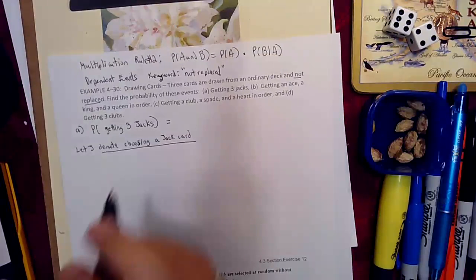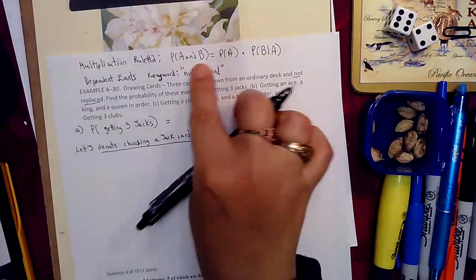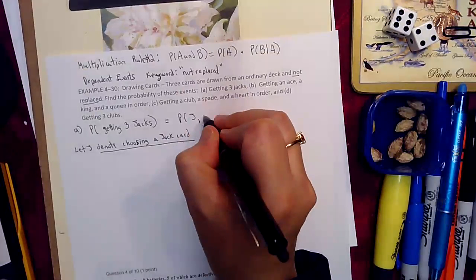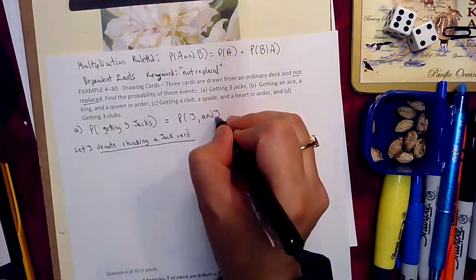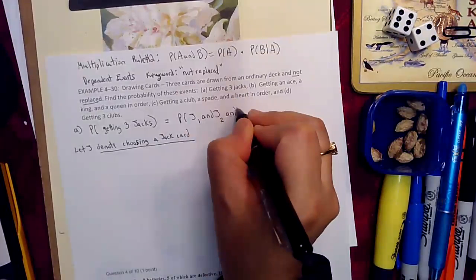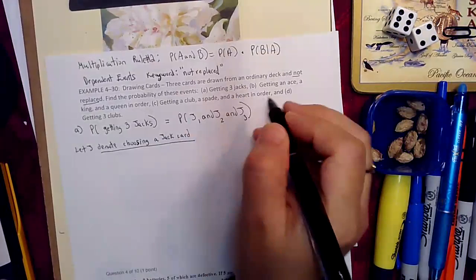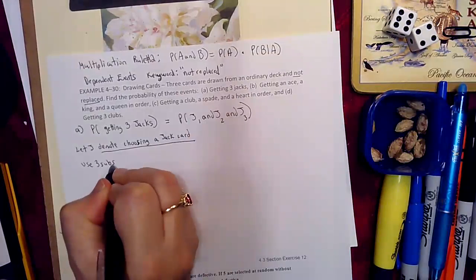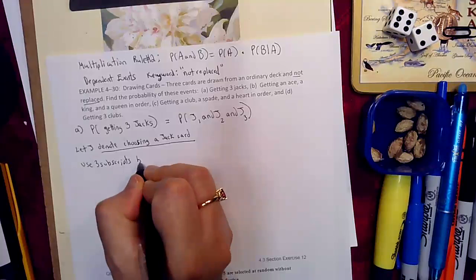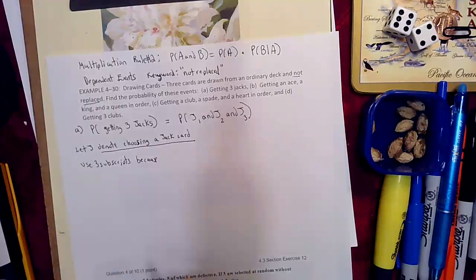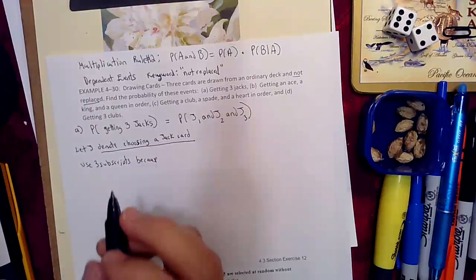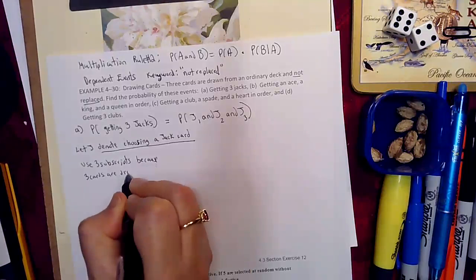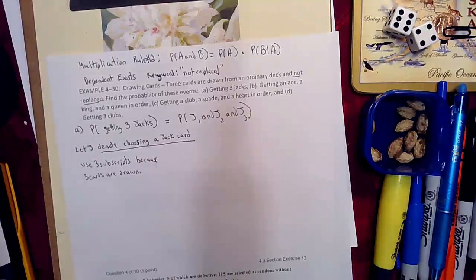So I have probability of J1 and J2 and J3. Your teacher is using 3 subscripts, 1, 2, 3. Why? That was because 3 cards are drawn.